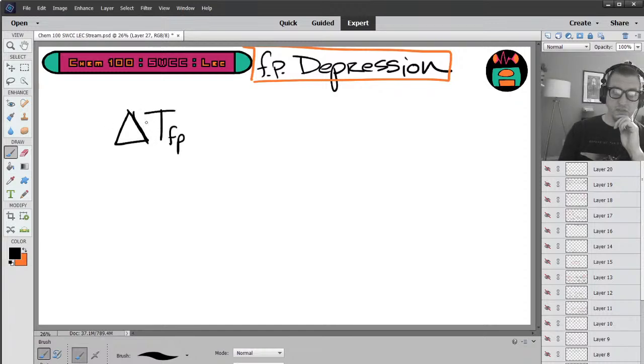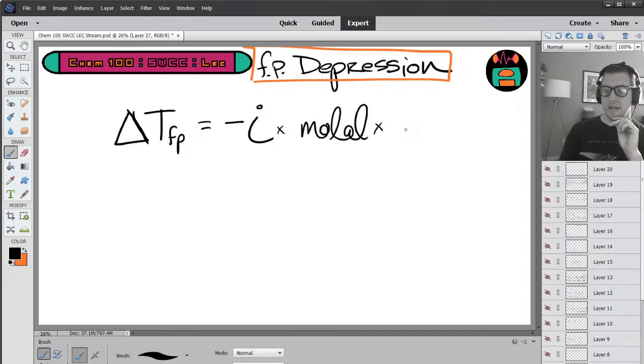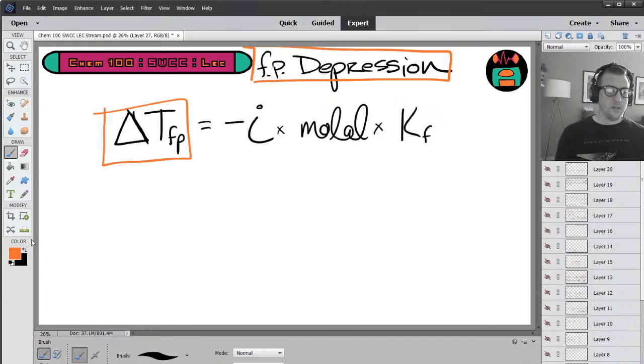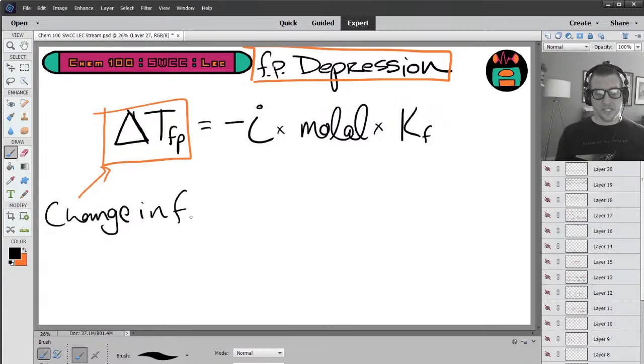And it's the change in freezing point, that's what the delta TFP is equal to: negative 1 times i times molal times Kf. This is the equation for the change in freezing point. So this right here is just the change in freezing point.